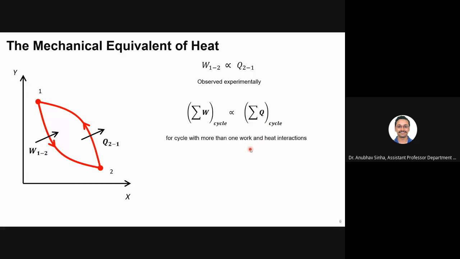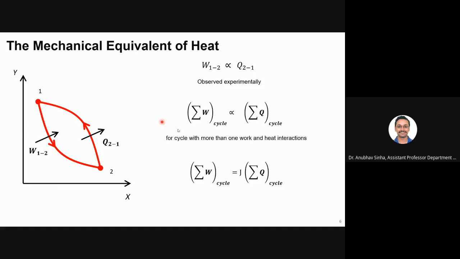Is this clear? Any questions on this? I'm just saying that the total work done in this cycle is proportional to the total heat that needs to be removed from the cycle to go back to the initial state. Any questions on this, or is this clear to everyone? Okay, yes sir, fine.